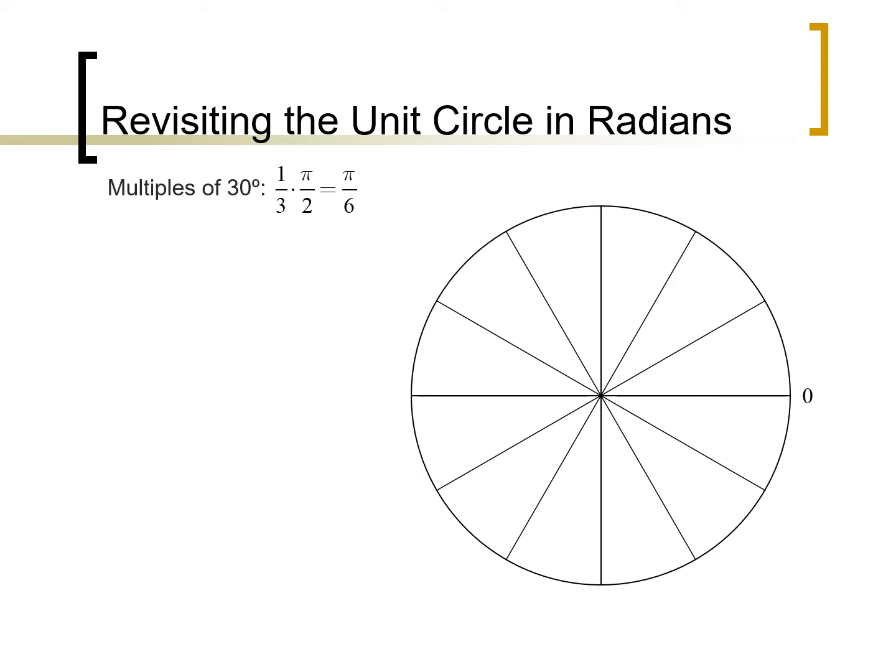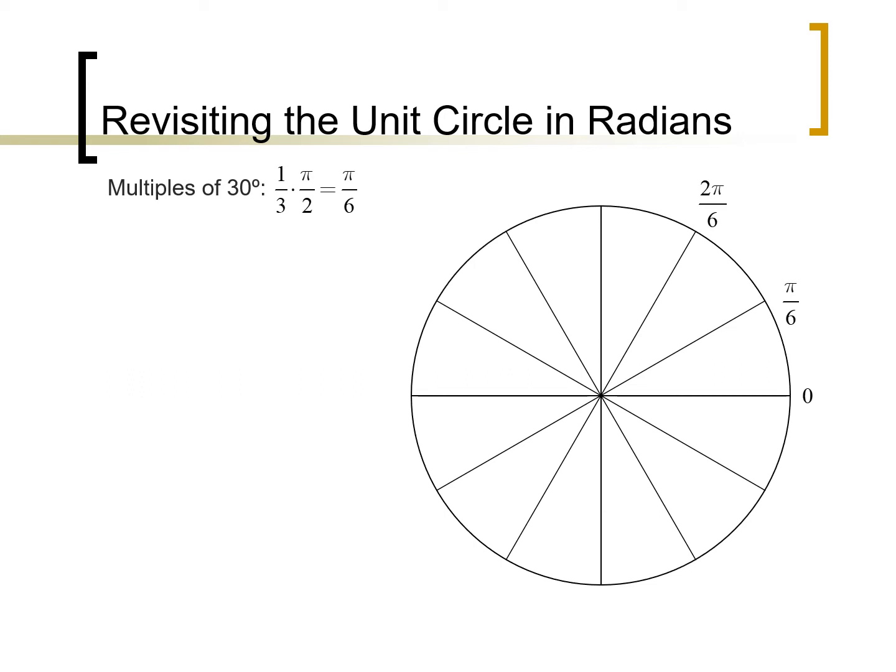So I'm going to go find a third of pi over 2, 1/3 times pi over 2, and I'm going to get pi over 6. 30 degrees is pi over 6. It's actually going to be really easy to find all of the other angles now. I just need to add 30 degrees, or really pi over 6, to everything that I have. My next angle over here is pi over 6 plus pi over 6. That's just 2 pi over 6.